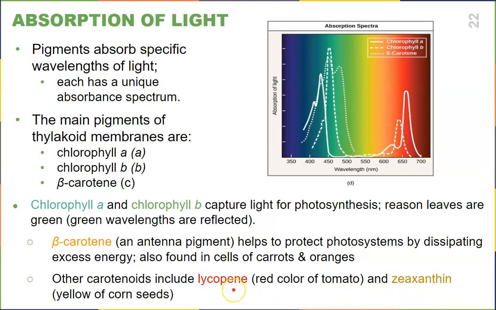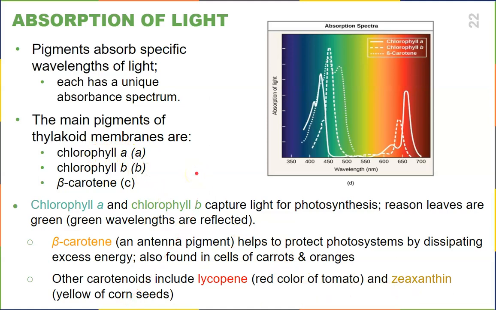Lycopene is red. So if you see things like tomatoes, or a plant with red leaves, like a Japanese maple, they're going to have more lycopene in their chloroplasts. They will also usually still have one or more of these main pigments, but they will have a lot of lycopene, which gives them that color. So that's just something to think about, that there's not just one pigment, there's multiple different pigments.